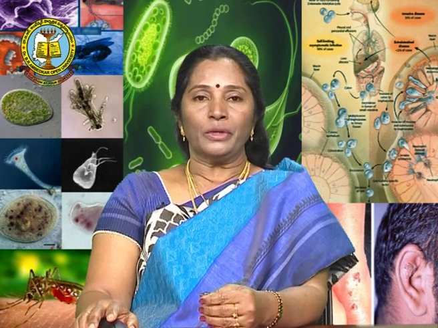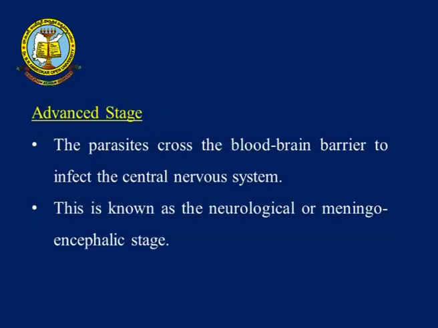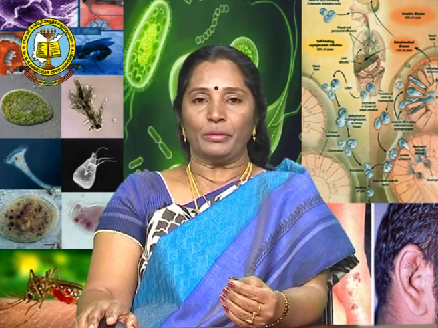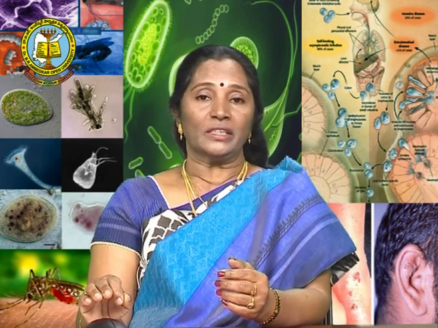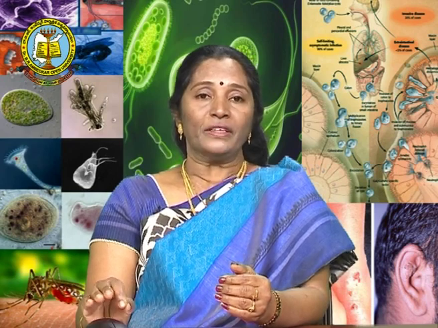When you are talking about the advanced stage, where the obvious infection can be seen, they cross the blood brain barrier into the central nervous system, and this is called the neurological or meningoencephalitic stage. In this stage, more obvious signs and symptoms appear, such as changes in behavior, because they have infected our neurological system and the neurons.